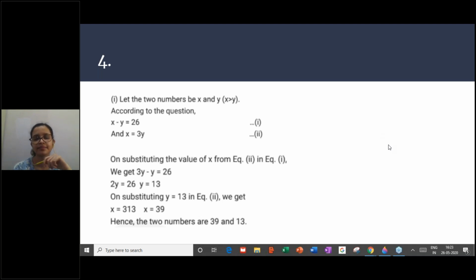Ma'am, will the verification come in the exam, like the verification of cross multiplication and the elimination method? I don't think verification as such. They might just give you a set of equations and specify the method. I saw in NCERT there's the verification. So will it come?